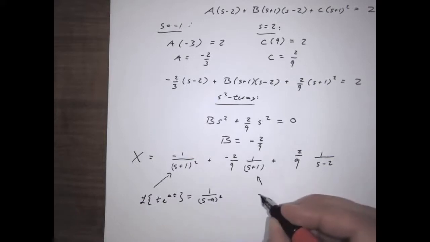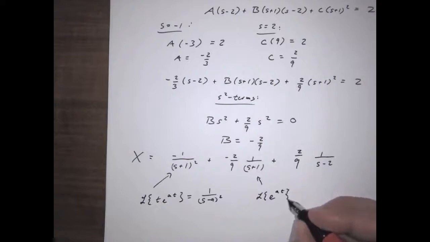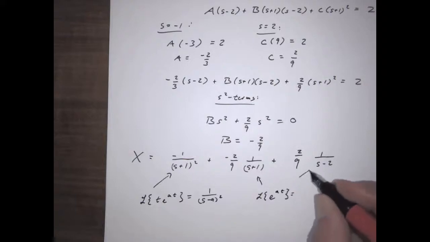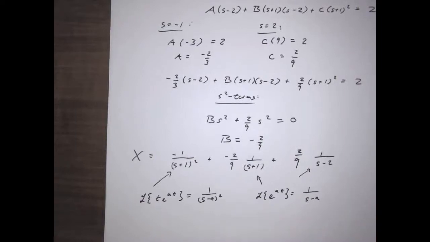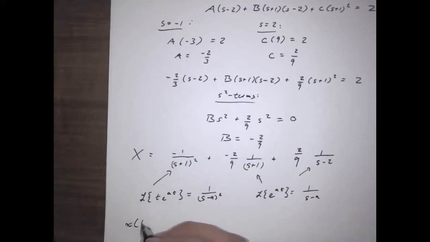This one fits the pattern, the Laplace transform of e to the at just equals, and actually this one does too, 1 over s minus a. And so putting these pieces together here, we can see that little x of t is going to equal negative t e to the negative 1 t.